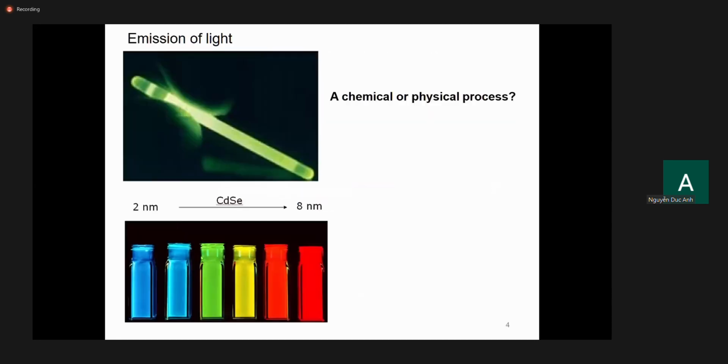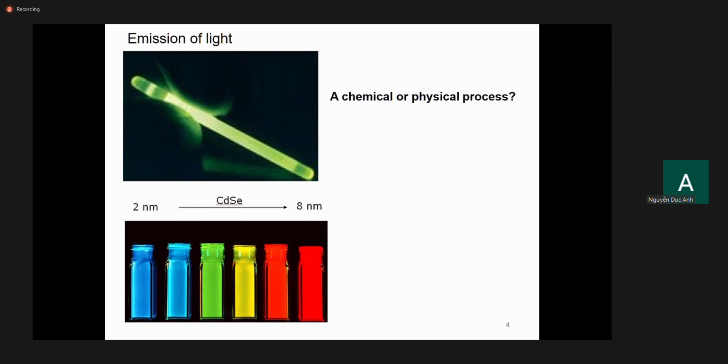Emission of light means you need a molecule that can absorb light and excite to a higher state, and then if the electrons stay in the higher state and go back to the normal state, they emit light.